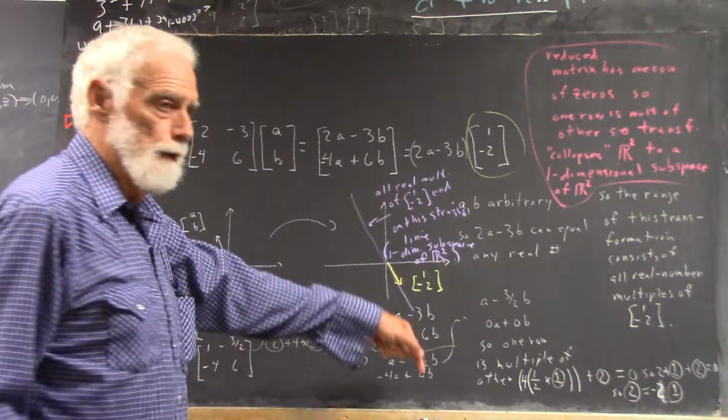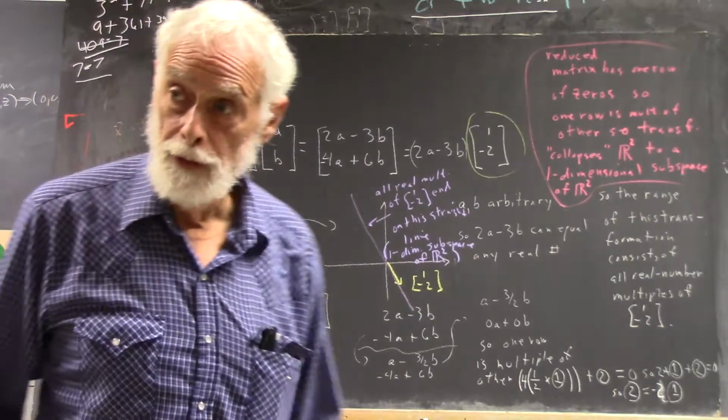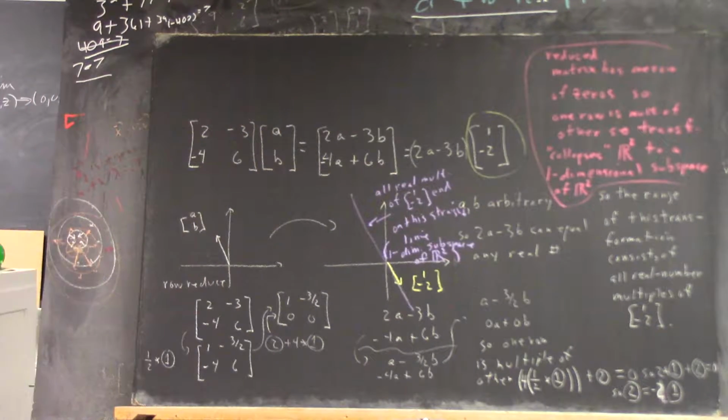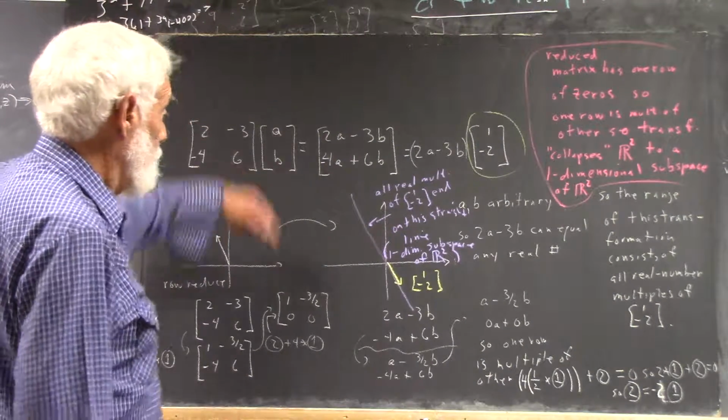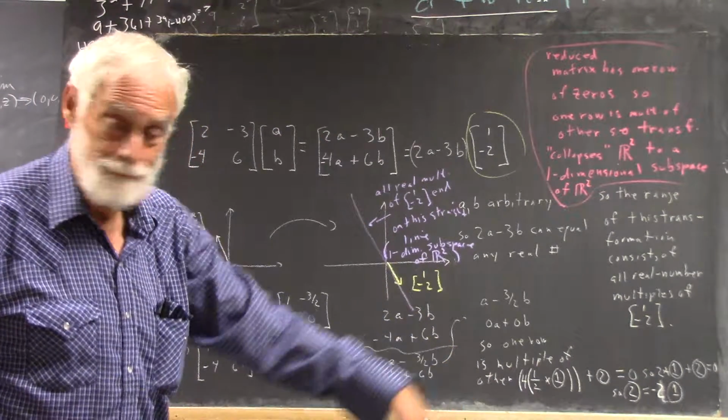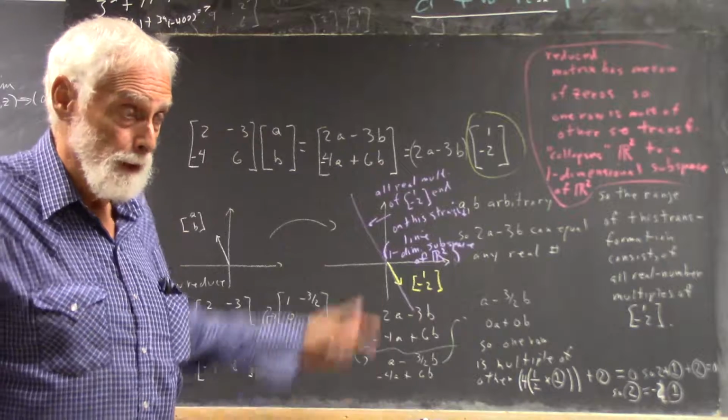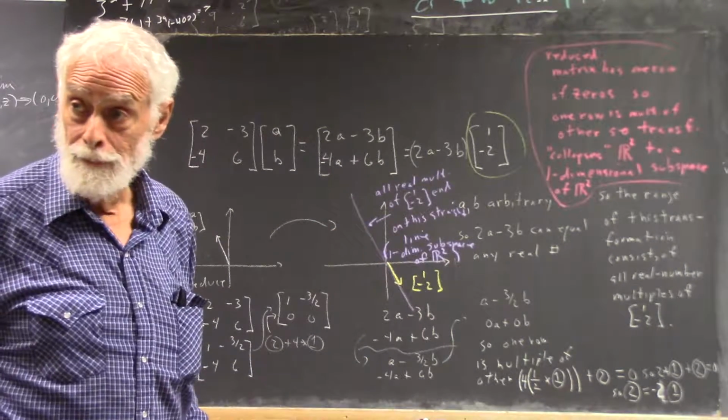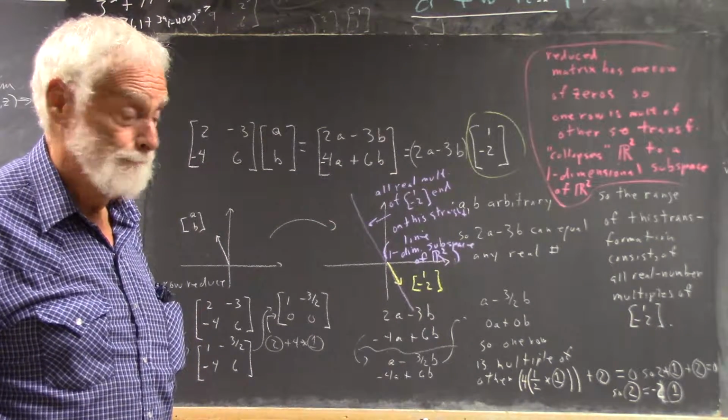So this straight line, it picks a one-dimensional subspace of R2. Okay? So every vector in this plane maps onto this. Okay? Plane collapses to a line, one-dimensional subspace.